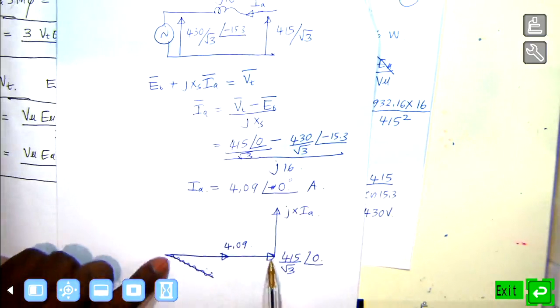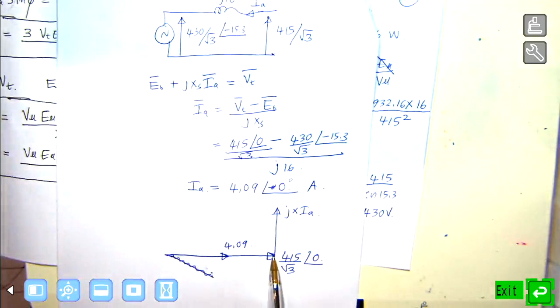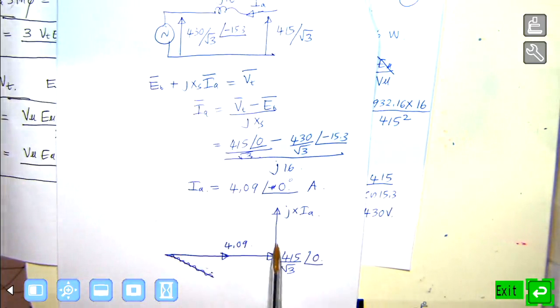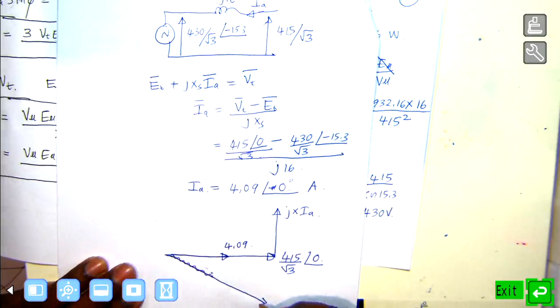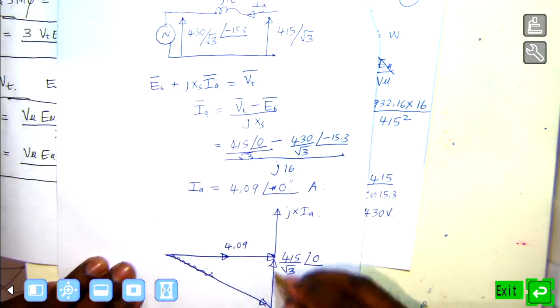So we have the terminal voltage minus this turns out to be the excitation voltage, or the back EMF plus this particular component gives you the terminal voltage. So then your excitation voltage is somewhere here plus this particular, let's say, JXS IA here.